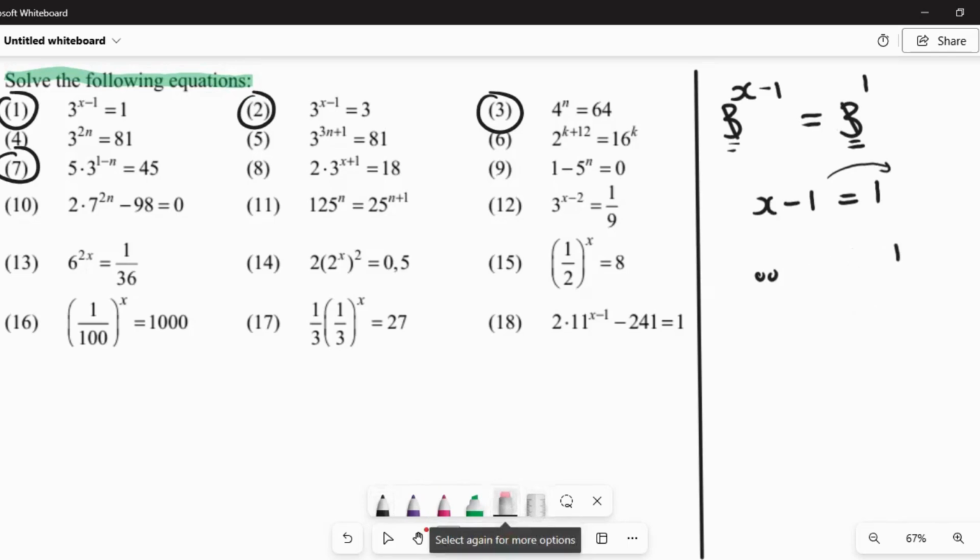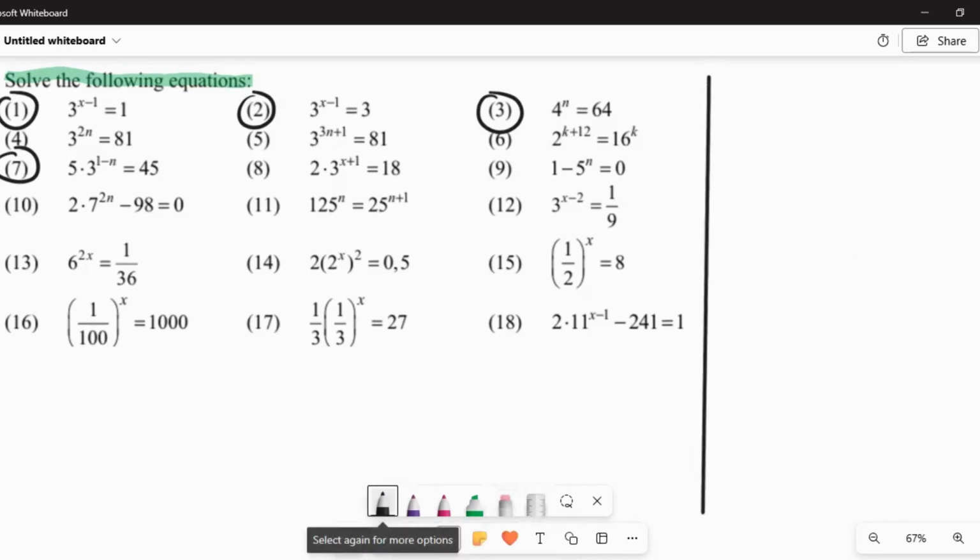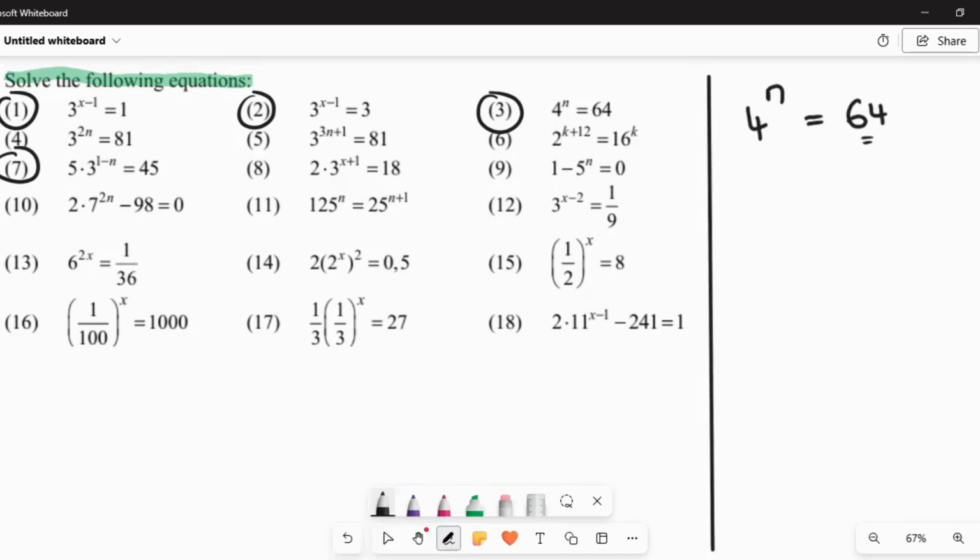Now on to number 3. We are given 4 with an exponent of n is equal to 64. Again, we want to write this 64 with the base of 4, right? We do that by asking how much is 4. So we can have 4 with an exponent of 3. 4 with an exponent of 3 is going to give us 64.